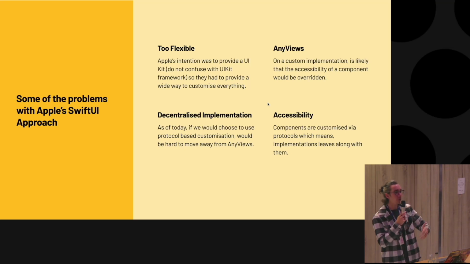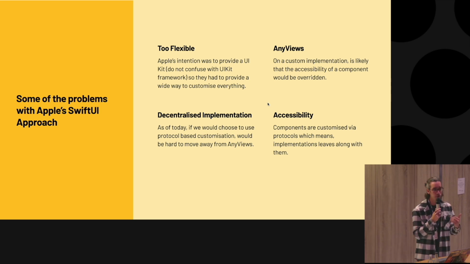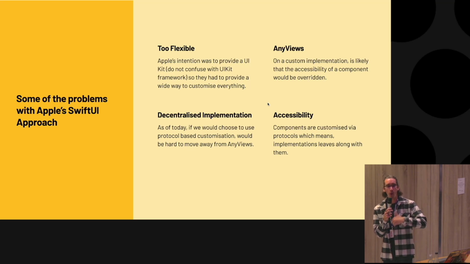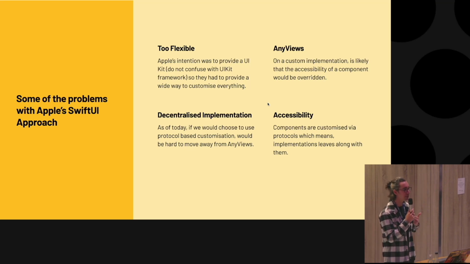What Apple did with SwiftUI was to give you all the APIs you need to build your own design system to suit all your needs. However, because it offers OS-level customization, it needs to be as generic as it can so you can build whatever you want.